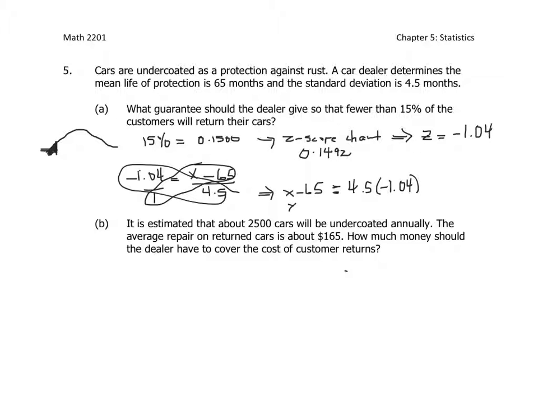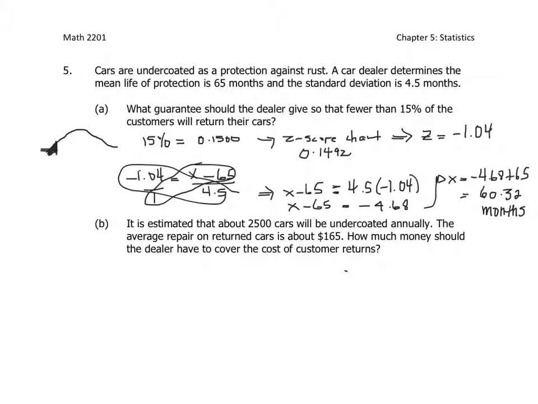So x take away 65 equals negative 4.68, and the x would be negative 4.68 plus 65, which is 60.32. And that would be in months.